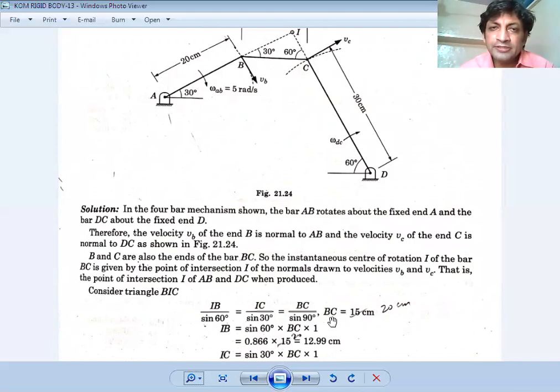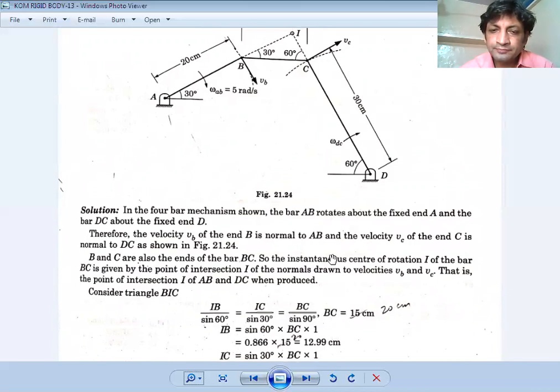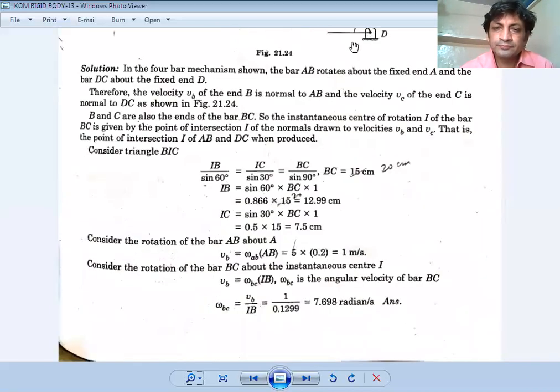The value of BC is given to us, that is 15 centimeter. So IB is equal to 12.99 centimeter, and IC is equal to 7.5 centimeter.